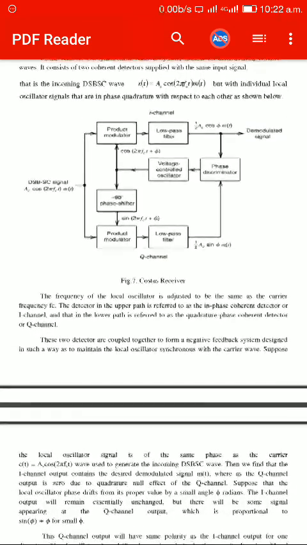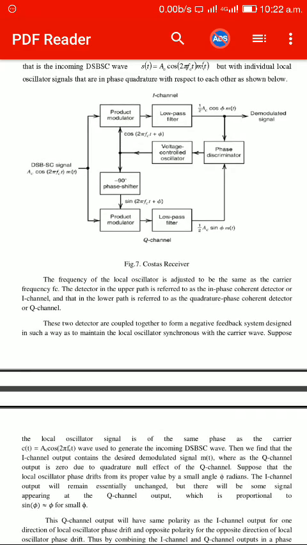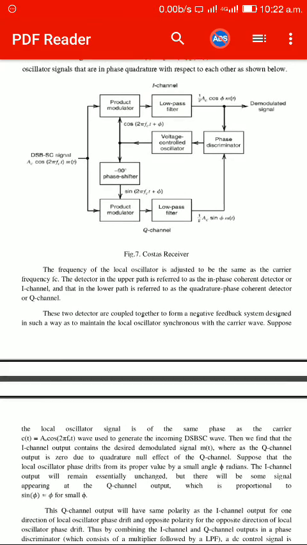And whatever these detectors produce is coupled to form a negative feedback system. Why should it be a negative feedback? It is in order to keep the carrier wave synchronized with respect to the local oscillator.